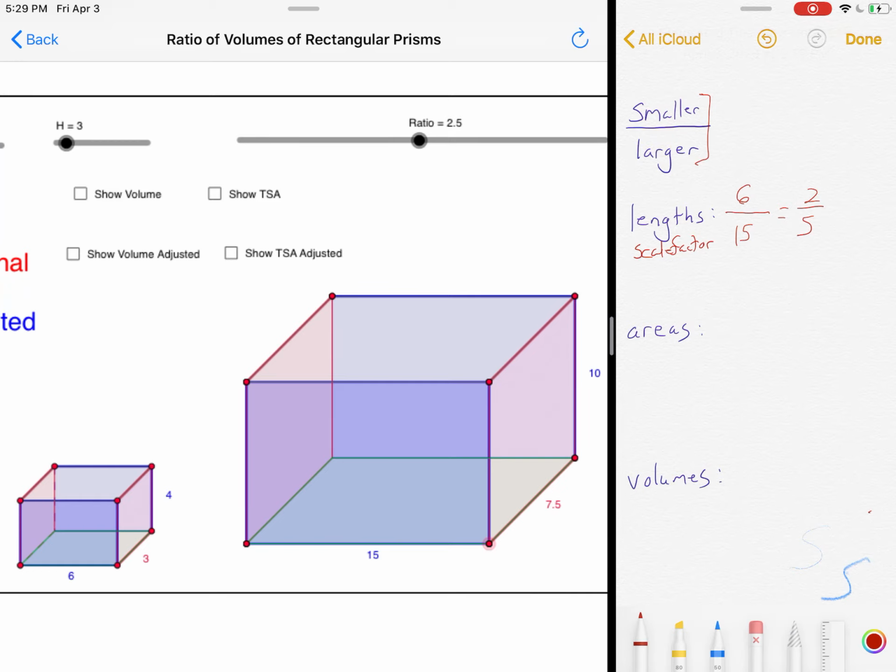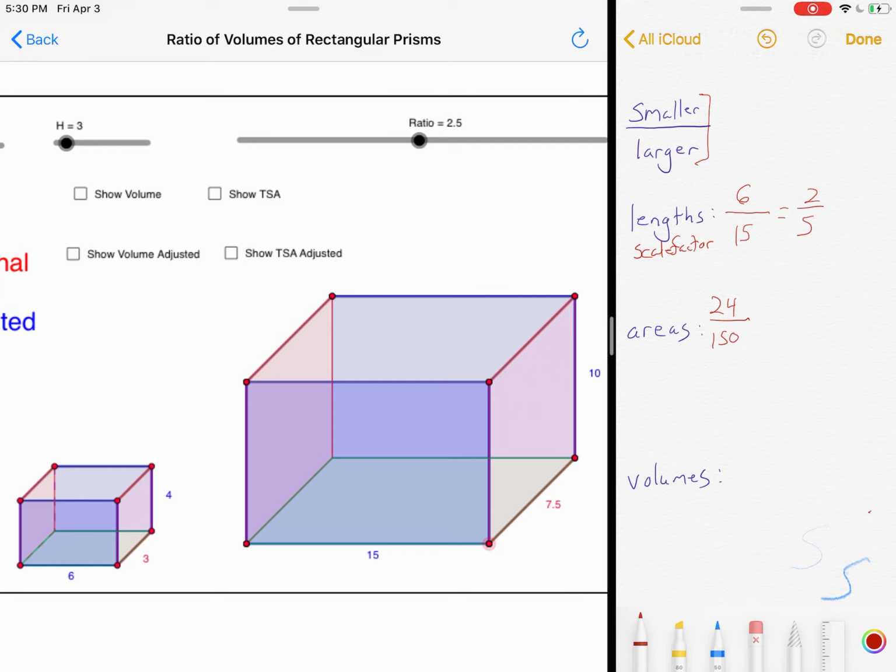Let's look at the front face of the smaller one. That would be a 6 by 4 rectangle, so its area would be 24. And then the front of the larger one, the front face is 15 times 10, so that would be 150.